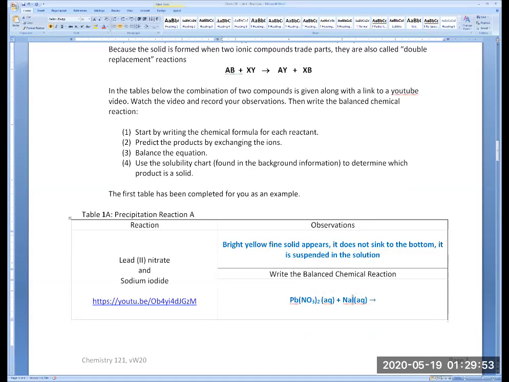So we'll make Pb, sorry, and their charge doesn't change. So it's still Pb2+. You will see that that's very different with oxidation reduction reactions. In the case of double replacement, the charge stays the same on the product side.